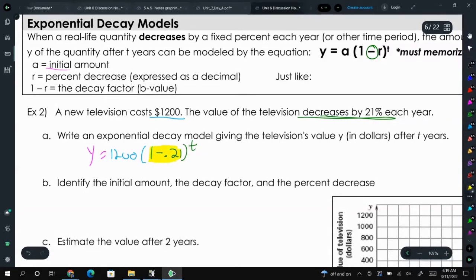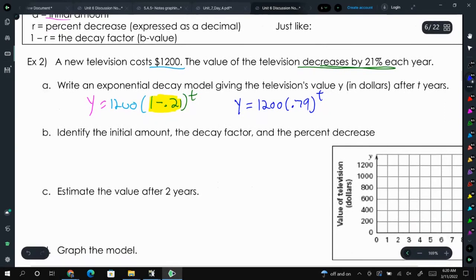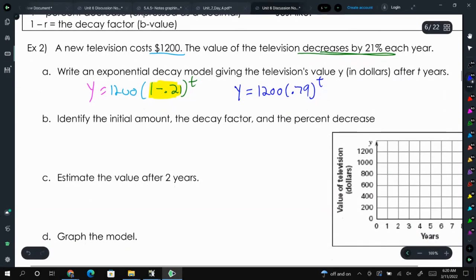We can simplify this right here and then write it as y equals 1,200 times 0.79 to the t power. And then we can just plug in t to get our answer. Identify the initial amount, the decay factor, and the percent decrease.